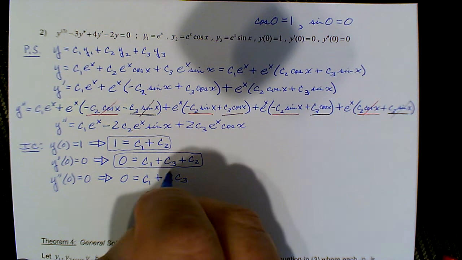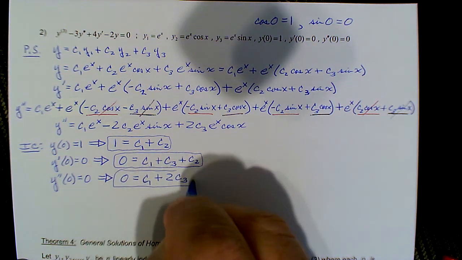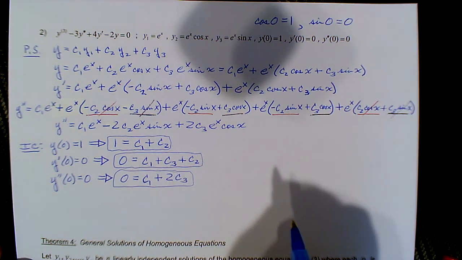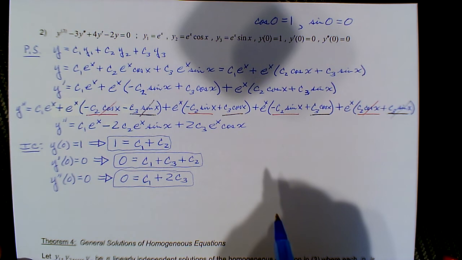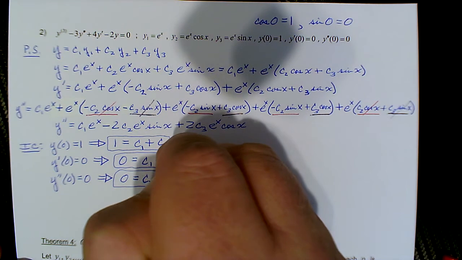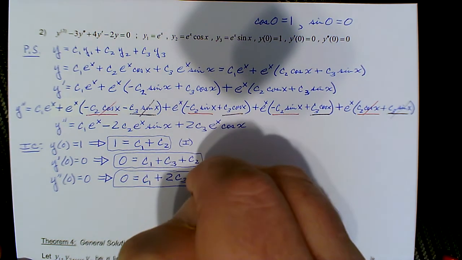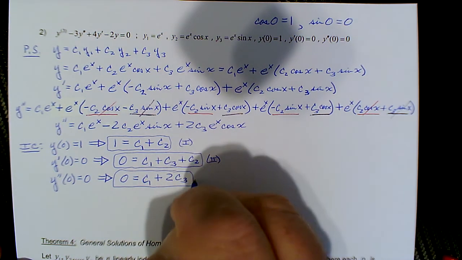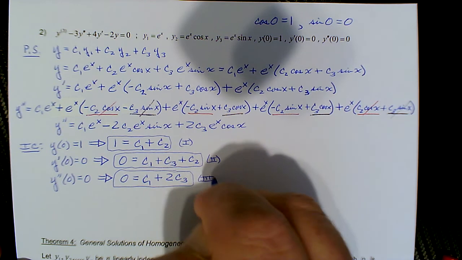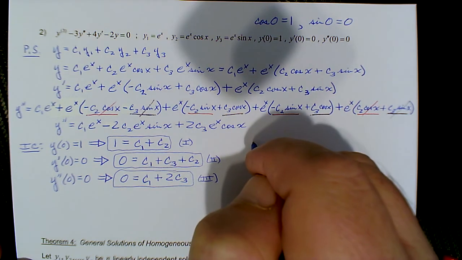Alright, so there's our three equations in three unknowns, and we can combine, let's see, I'll call this Roman numeral 1, 2, and 3, and let me move over here.